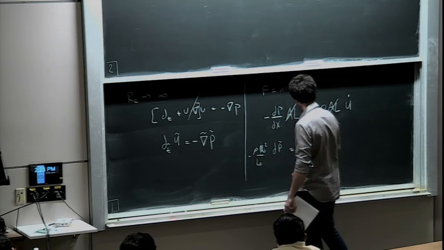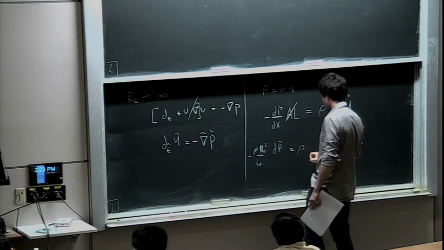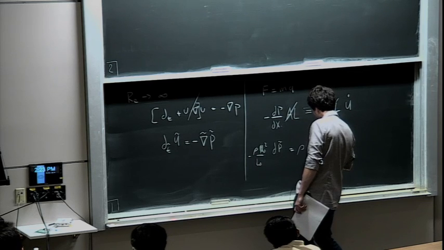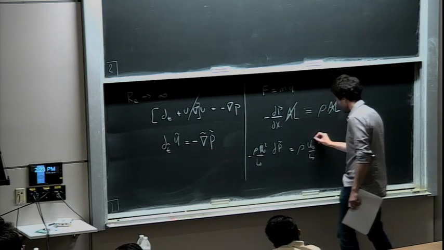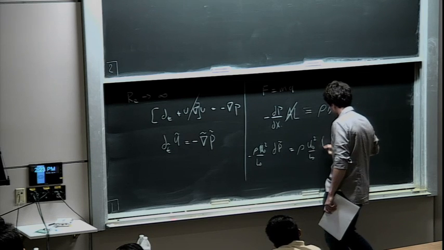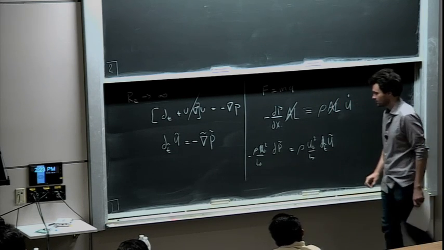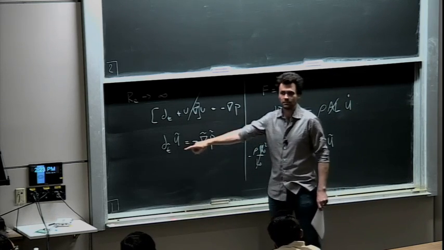Yes. There's a minus sign. And then here I have a rho. And then I have a 1 over the time rescaling. So I have a u naught over L naught for the 1 over the time derivative times another u naught dt twiddle u twiddle. Okay? So I can cancel these two, and I have exactly the same equations.